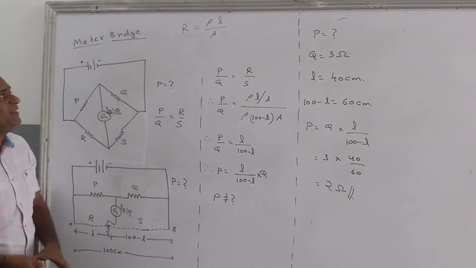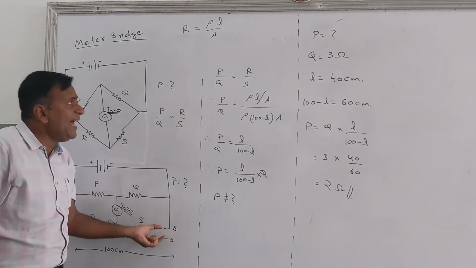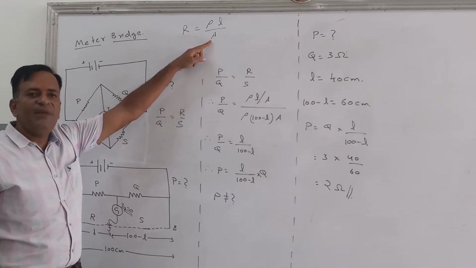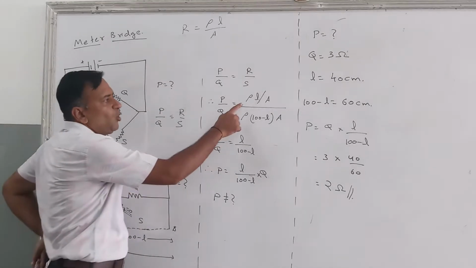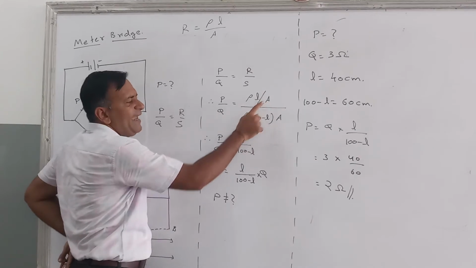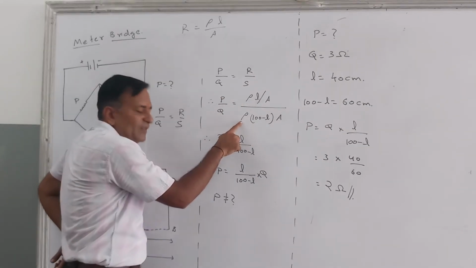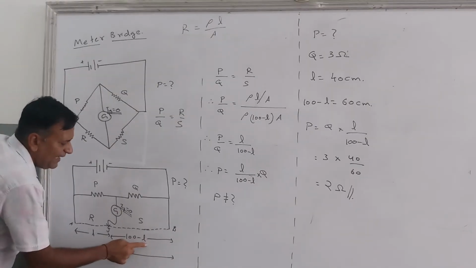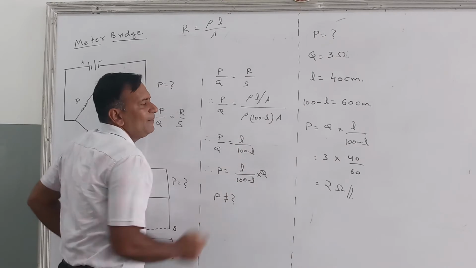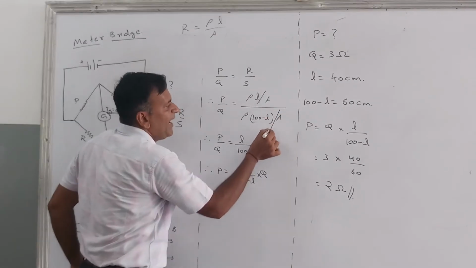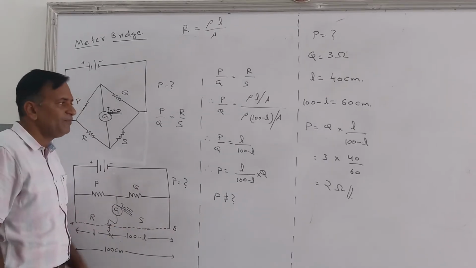So instead of R, I am putting rho L by A. What will be S? Rho, and the length of S is 100 minus L, again divided by A, the cross-sectional area of this wire.